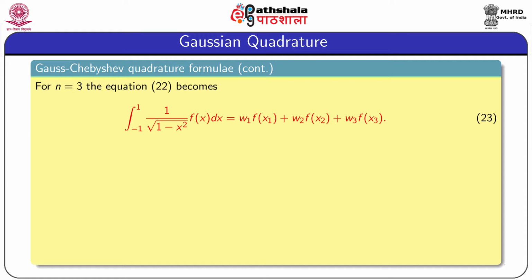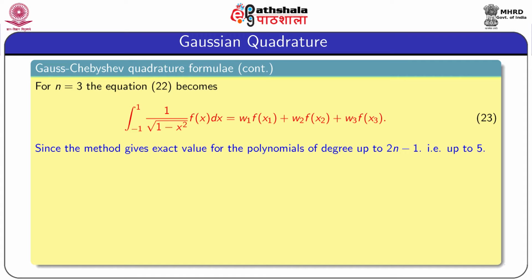Now, we consider a particular case when n equal to 3. For n equal to 3, equation 22 becomes integration from minus 1 to 1 of 1 by root over 1 minus x square, this is the weight function, times f of x dx equal to w1 into f of x1 plus w2 into f of x2 plus w3 into f of x3.